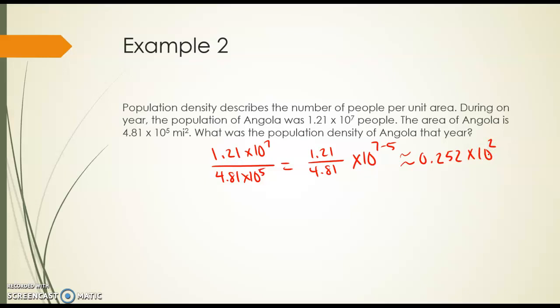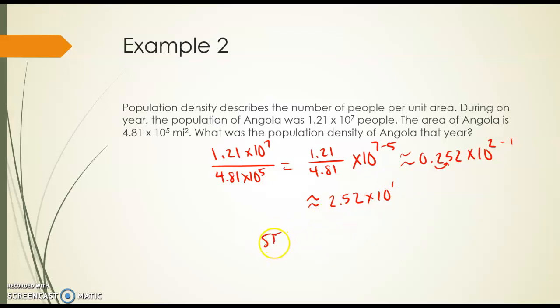Now, I can't leave it like this, so there's 2 ways we can do it. I can shift my decimal 1 to the right, which would make this a 2.52. And if I'm going to shift it to the right, that's 1 less I'm going to need to move, so this becomes times 10 to the 1st power. The other thing is I could just create this in standard form.